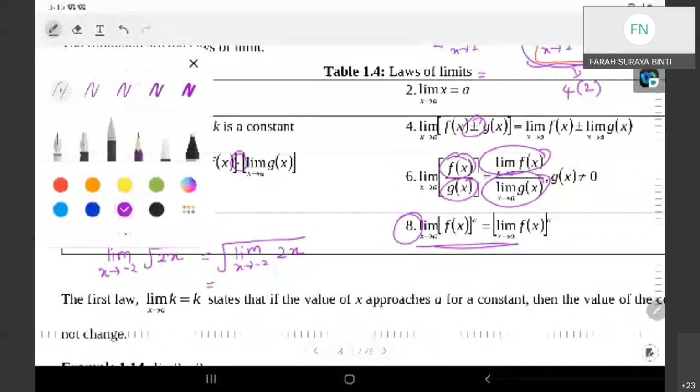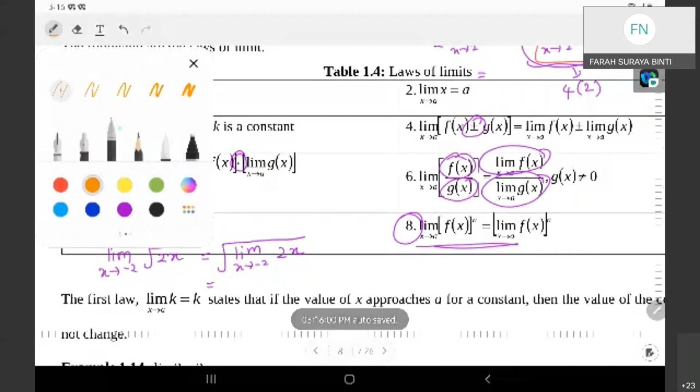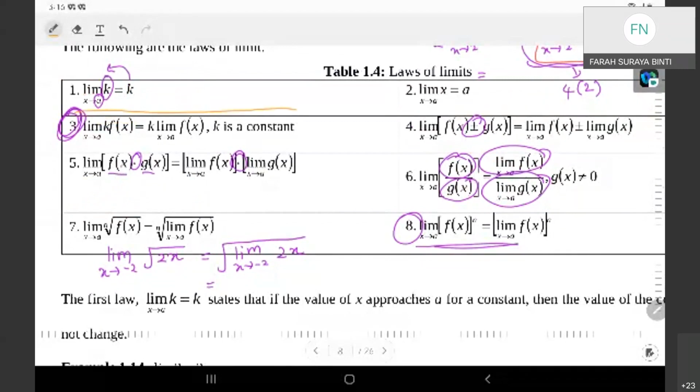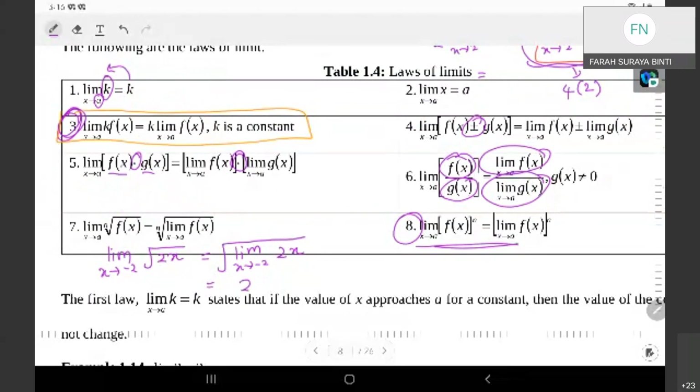Okay, yang 2x dalam ni kita boleh apply law number berapa? Law number 3, sebab kita ada nombor dekat depan dia. So kita boleh jadikan dia macam ni. 2 letak kat depan, limit x approach negative 2 of x. Just kita bring 2 in front of the limit. Itu law number 3.